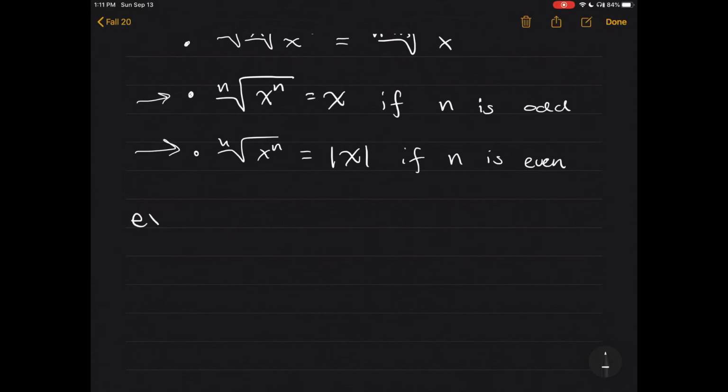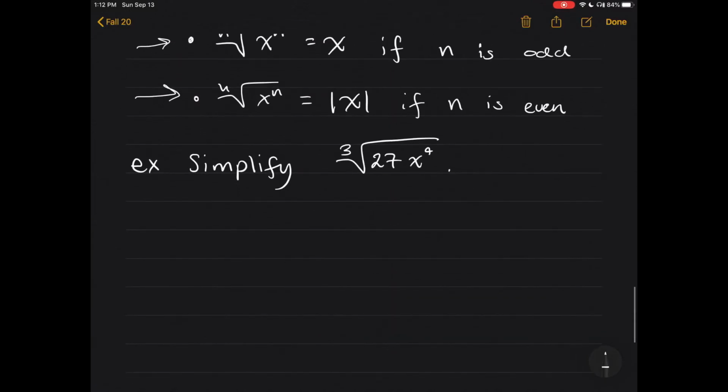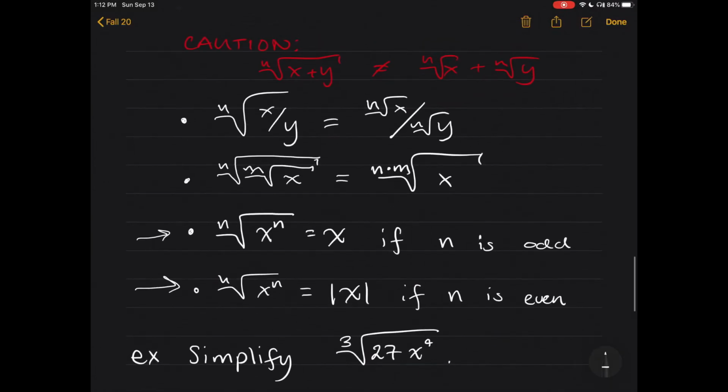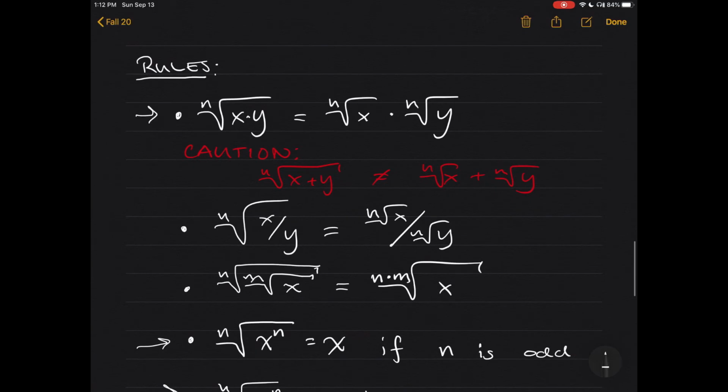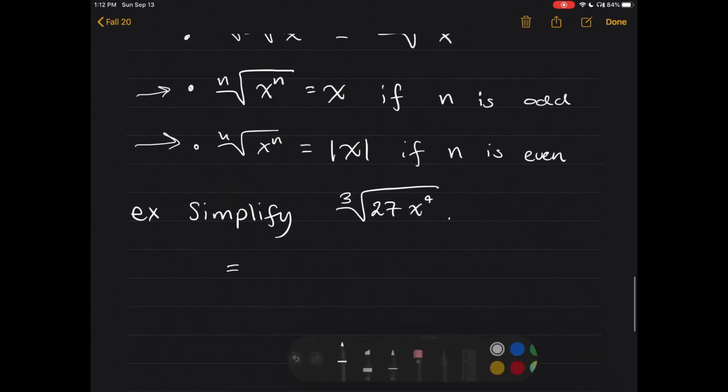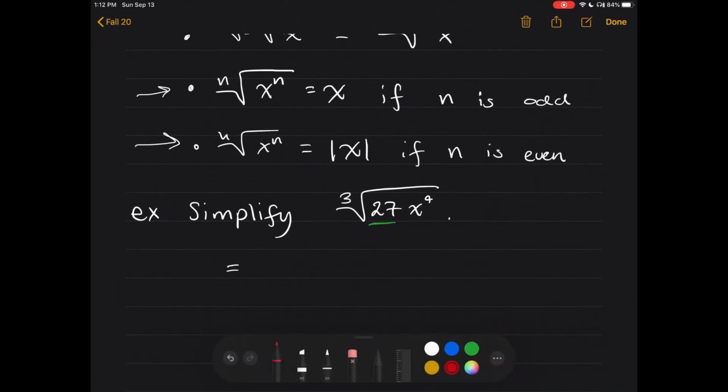So let's see these in action. Let's simplify the third root of 27 x to the fourth. Now this has a variable in it, but don't let that scare you. We're just going to treat it like a number. It follows the same rules as numbers do. So I'm going to use this rule first, because it's a nice rule, and split up the 27 and the x.